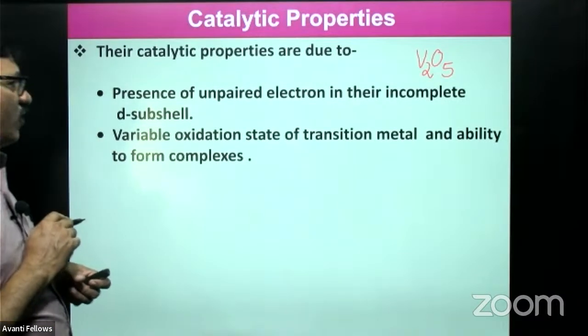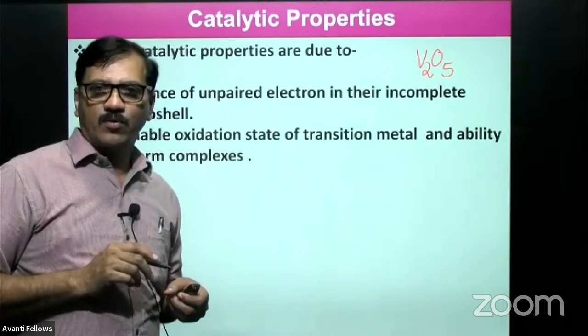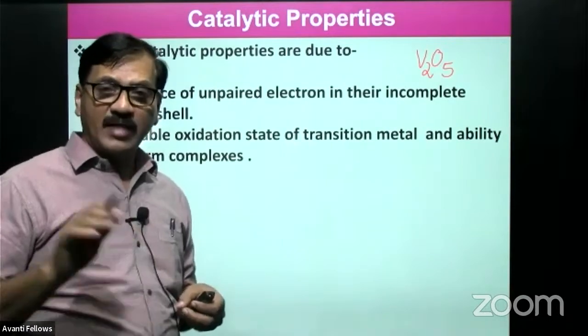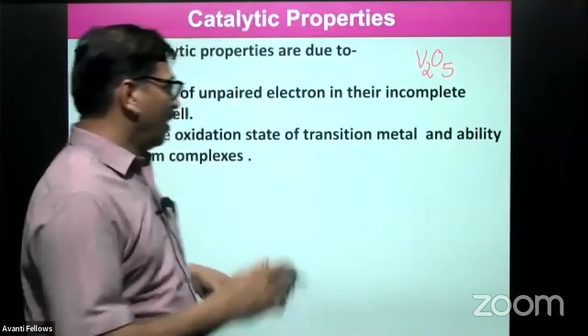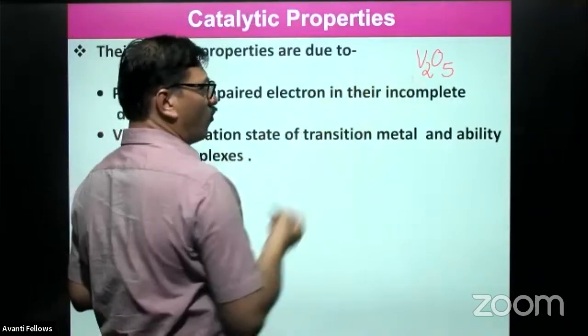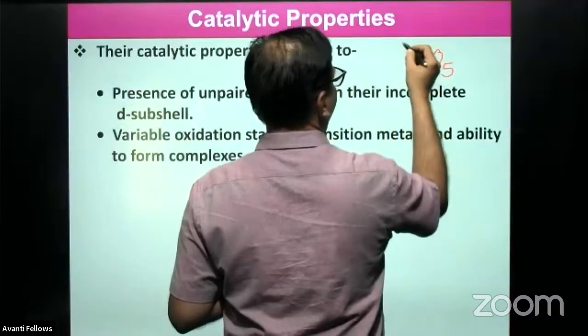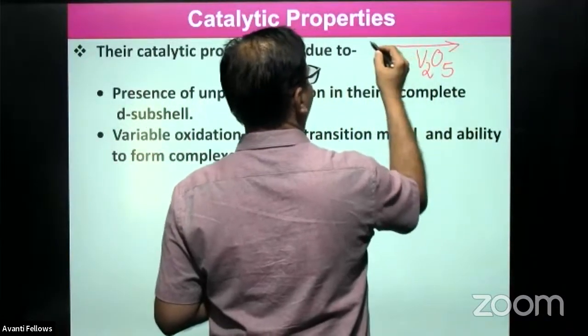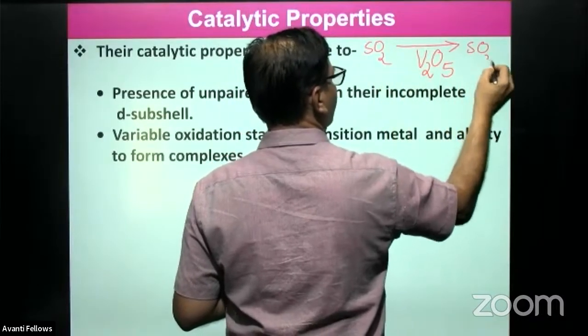Variable oxidation state of transition metals and the ability to form complexes. Okay, the presence of variable oxidation states is also a reason. For example, V2O5 is used for the conversion of SO2 to SO3.